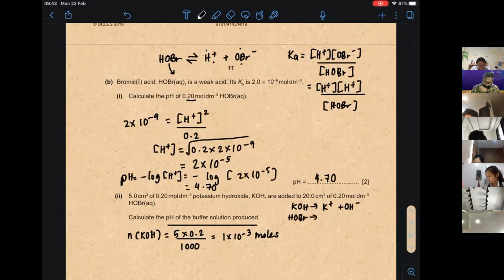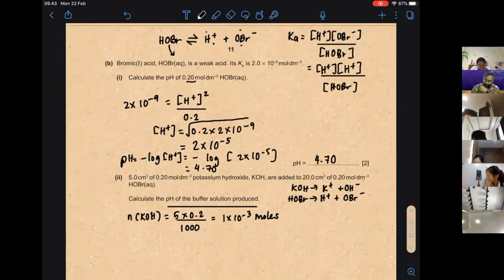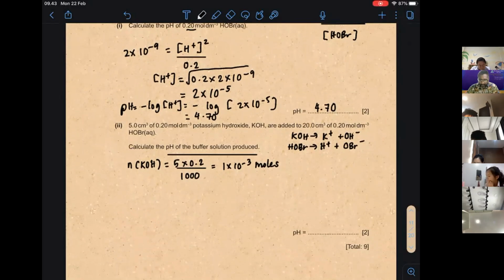HOBr gives me H plus and OBr minus. So my OH minus will react with my H plus.